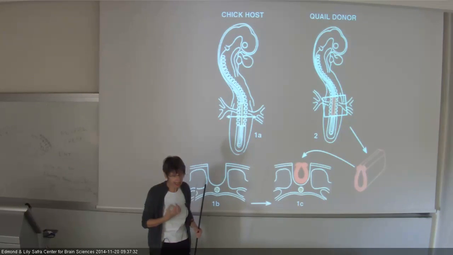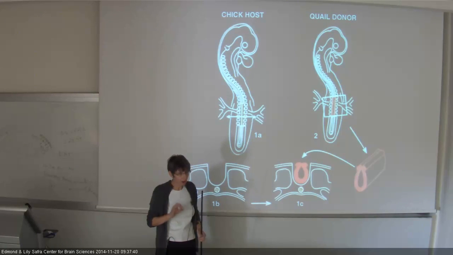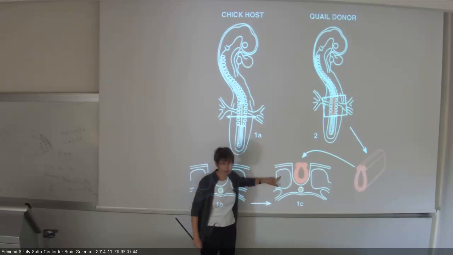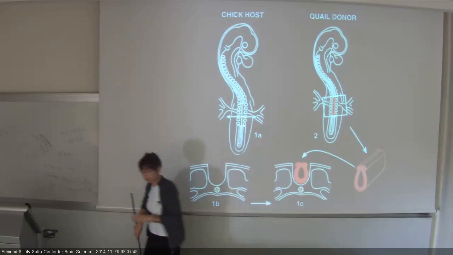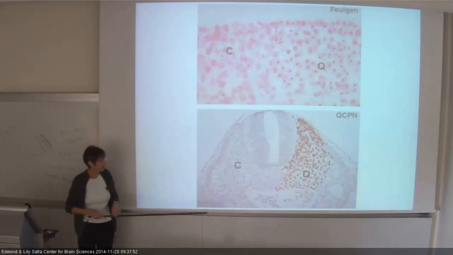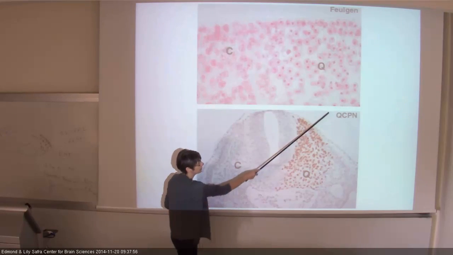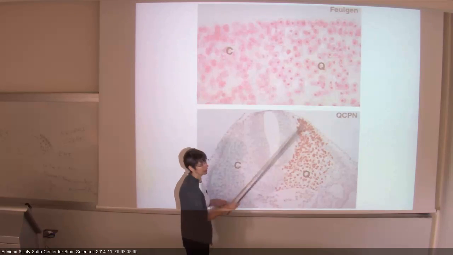So by sectioning serial sections of the embryo, we are able to analyze and see exactly what is the contribution of the neural crest, the only cells that leave the CNS to go to the periphery. And if you look, for example, I'll show you here, this is what you saw before, and this is QCPN, this antibody, which is much more effective.